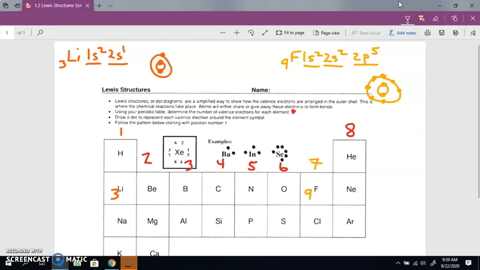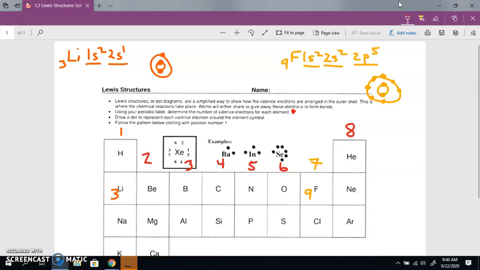Well, we already saw, for example, that lithium has 1 valence electron. There it is, and it's in main group 1. We also saw that fluorine has these 2 plus these 5. That's 7 valence electrons, 7 electrons in the outermost energy level, and it's in main group 7. So that should confirm for us that the main group number tells us the number of valence electrons.